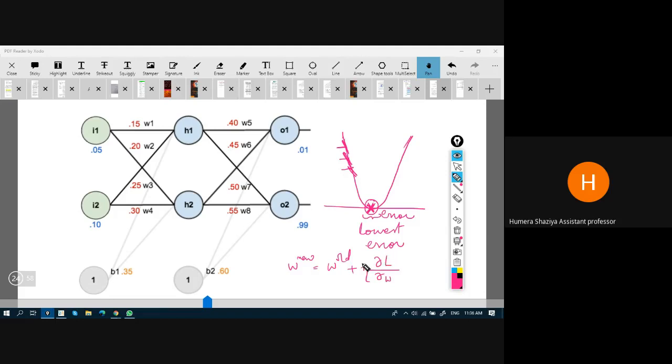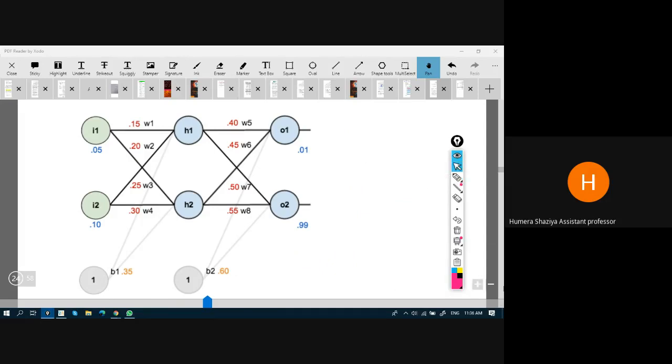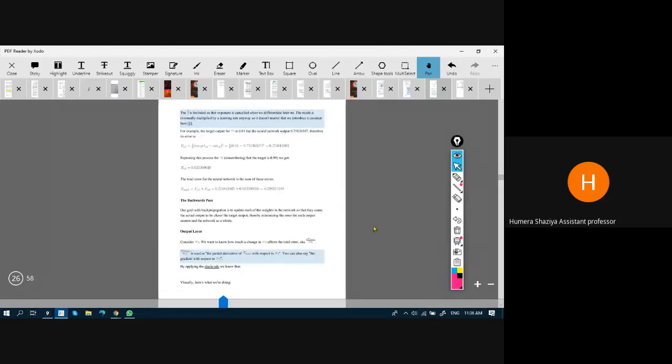Loss is computed, and learning rate means at which point you take the derivative. Like this the process continues. This is only the backpropagation. Okay, students, I hope you all are understanding.